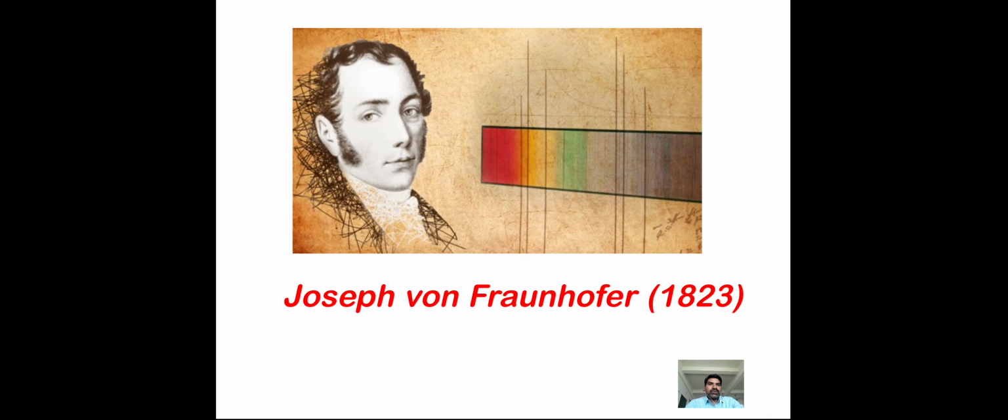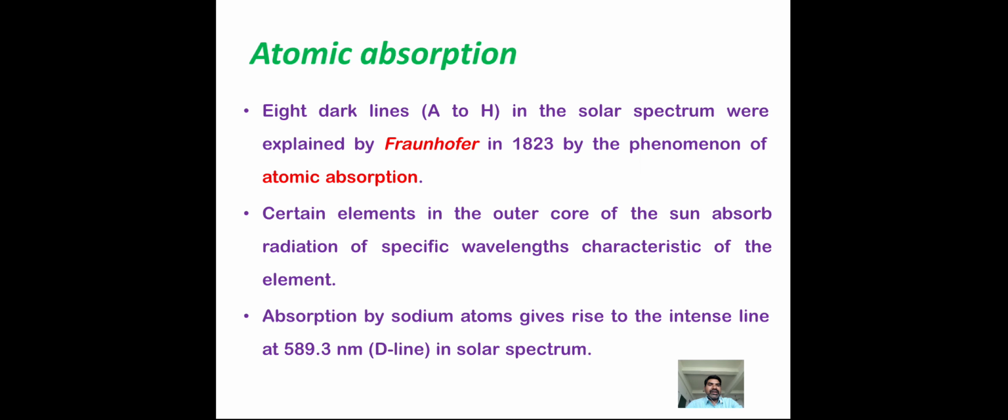Joseph von Fraunhofer, in 1823, was a scientist who studied the solar spectrum. He observed 8 dark lines, namely A to H, in the solar spectrum.